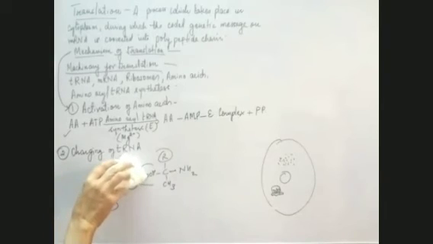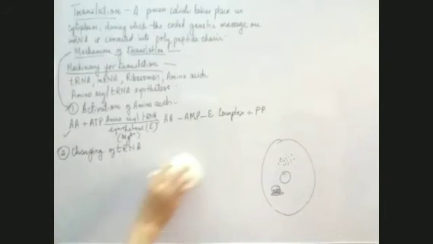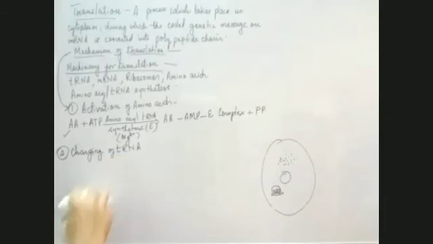Here the amino acid gets attached. And which type of amino acid? The activated amino acid. When this activated amino acid gets attached to transfer RNA, this type of transfer RNA is said to be a charged transfer RNA.